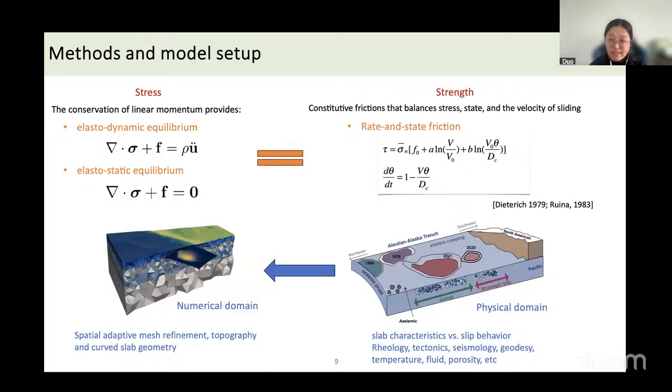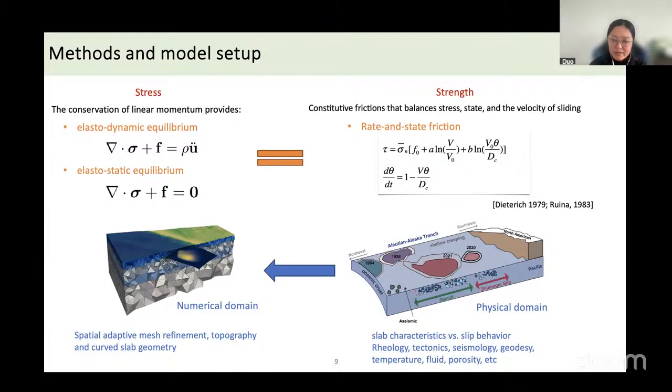It depends on time and also the slip rate and the critical characteristic slip distance on the fault. The other parameters are A and B, which are parameters of the fault. So we balance the two equations, and then we can simulate the dynamic evolution at each time step.